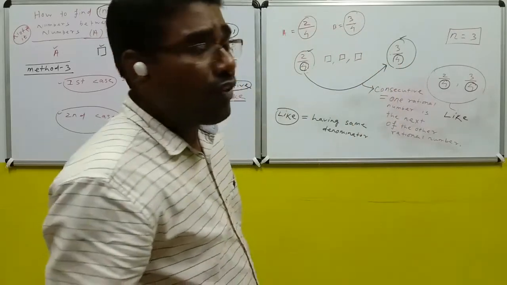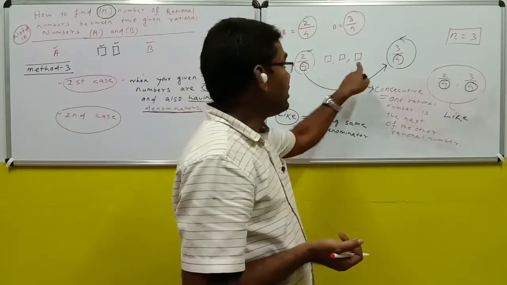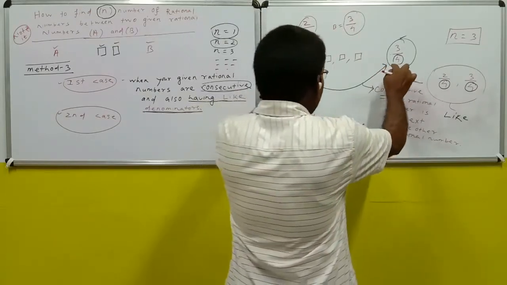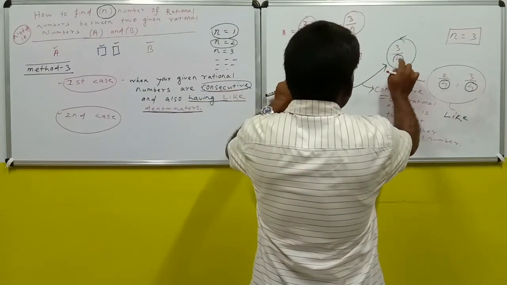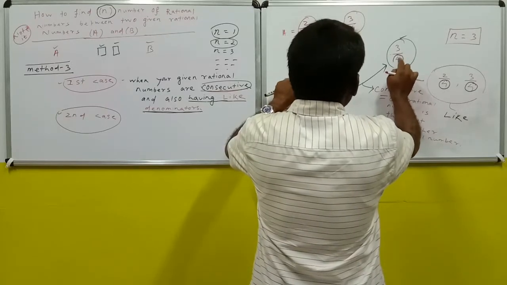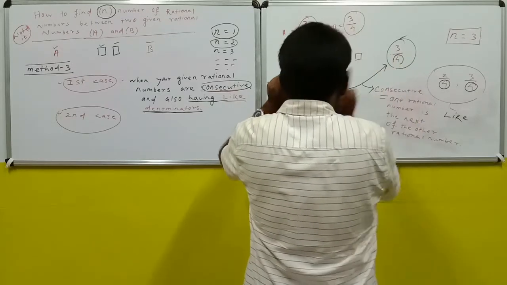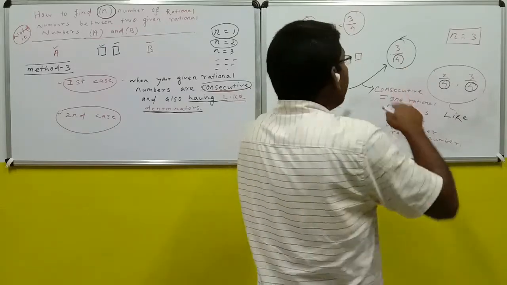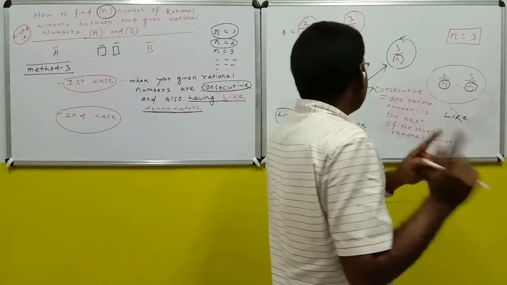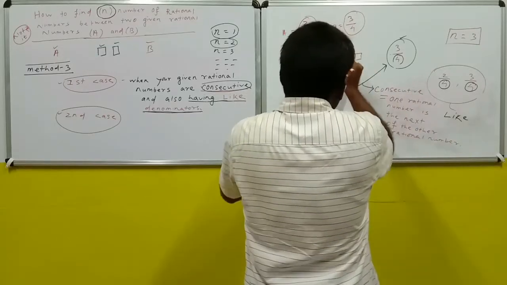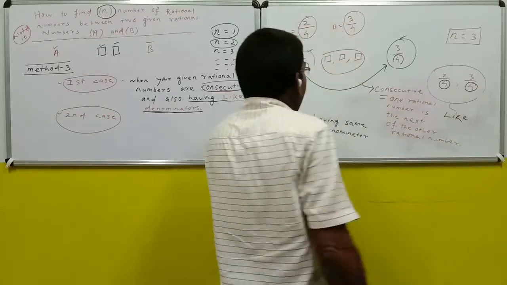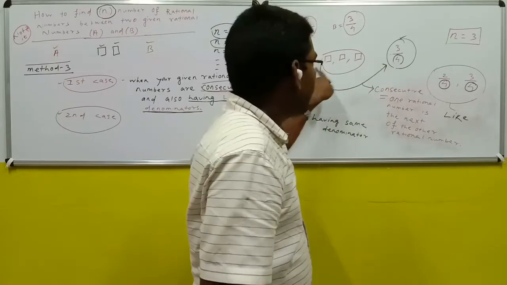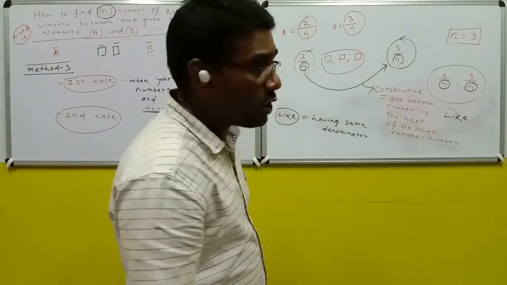So how to find n number of rational numbers between such type of rational numbers? It means when your given rational numbers are like and consecutive, in that case, how can you find out n number of rational numbers between these two given rational numbers? So what is the procedure?